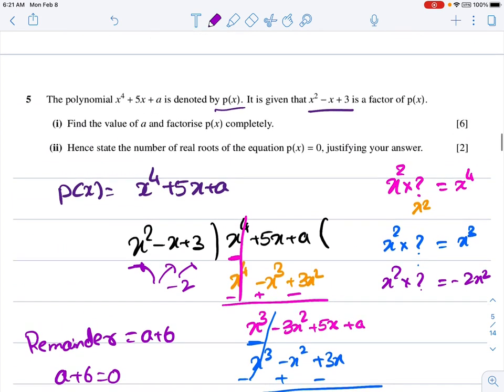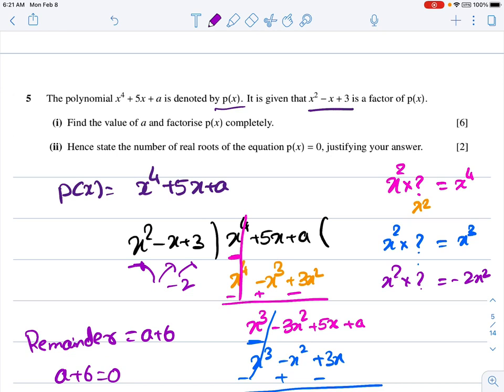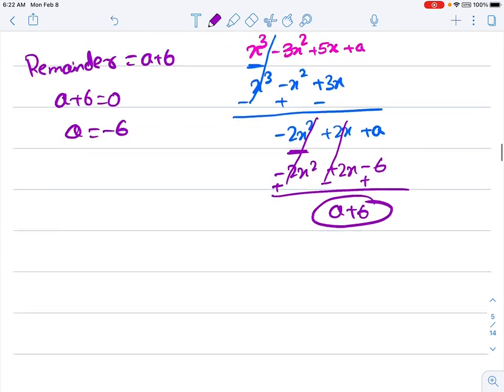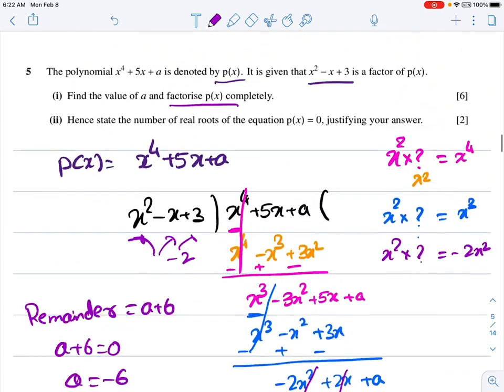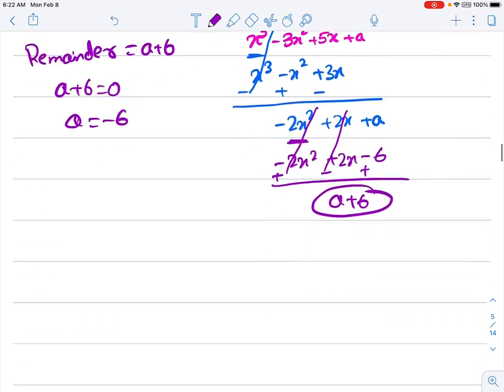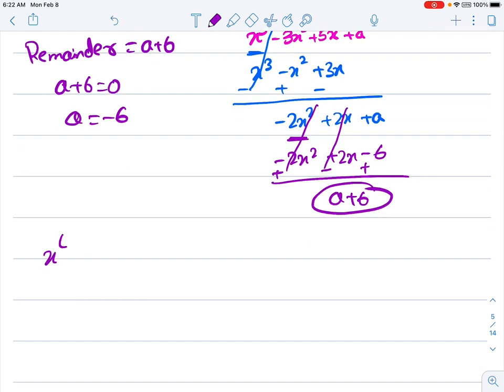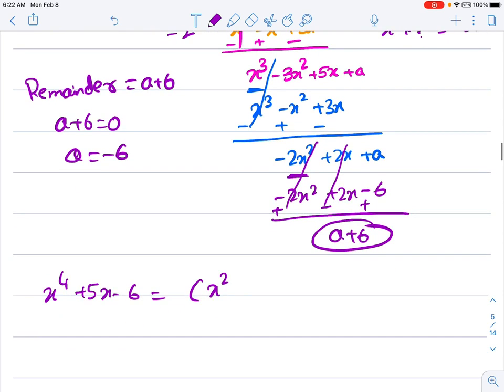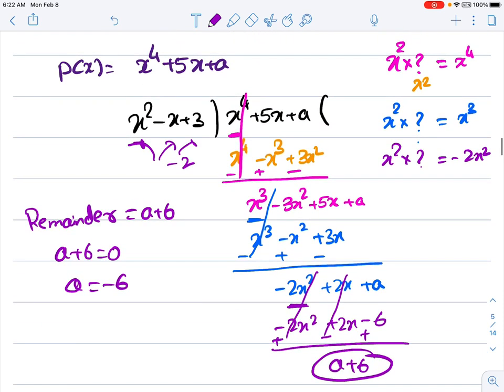Now he has asked to state the number of real roots and factorize completely. So we got the total equation as x power 4 plus 5x minus 6 is equal to the factor x square minus x plus 3 times, which we haven't written yet.